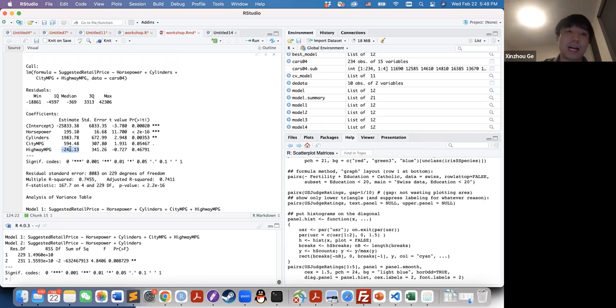You can also see that the city MPG also has a large slope, but horsepower has a small slope.